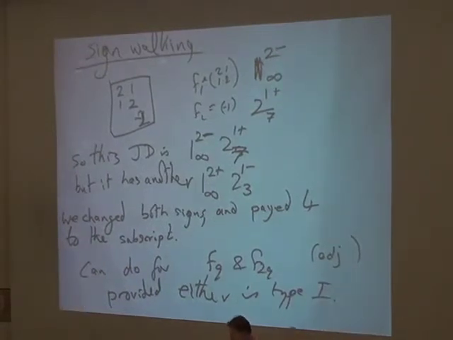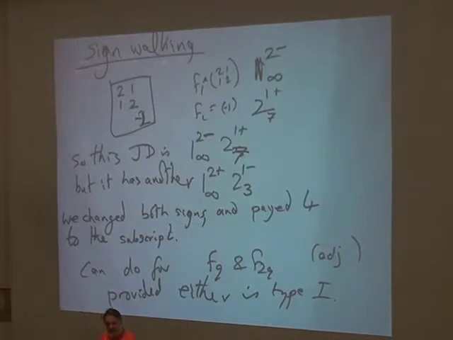If it's type 1, the subscript is finite, and so it can accept 4. So that's a way of remembering it. What's happening is these two principles, oddity fusion and sign walking, can only happen if something or other is a type 1 form, an odd form. If one of the Jordan constituents is odd. If both of them are odd, you can fuse the oddities. If one of them is odd, you can change it and an adjacent form: you can change the signs and change the subscript by 4.